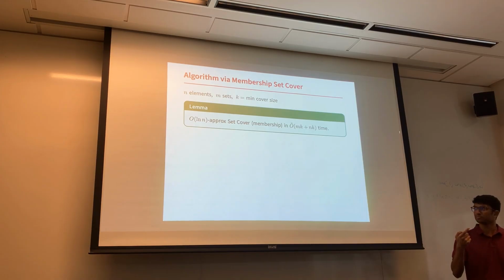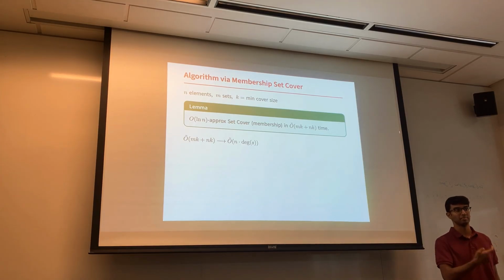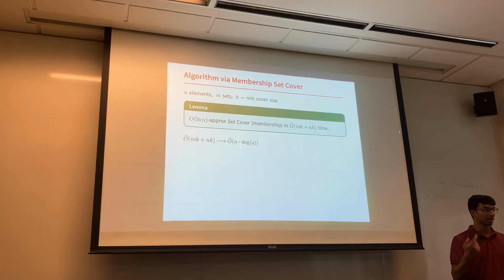Now, let's understand what this implies for our sparsest navigable graph problem. So, nk plus nk, well, n, if you remember, corresponds to n minus 1, and k corresponds to the best degree you could hope for on a given vertex.